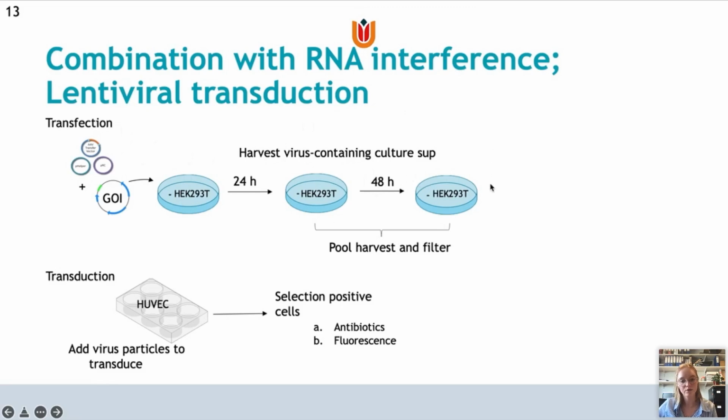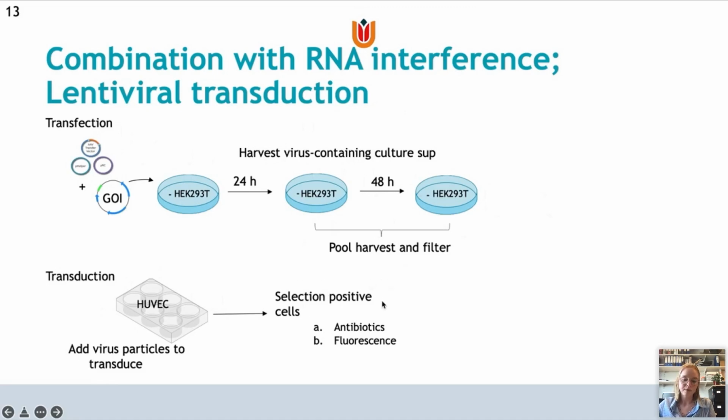We do this at 2 days and then pool the harvest and filter it. And then we can transduce our HUVECs. We just add the viral particles to the medium. And after 12 hours, we can select for the positive cells.